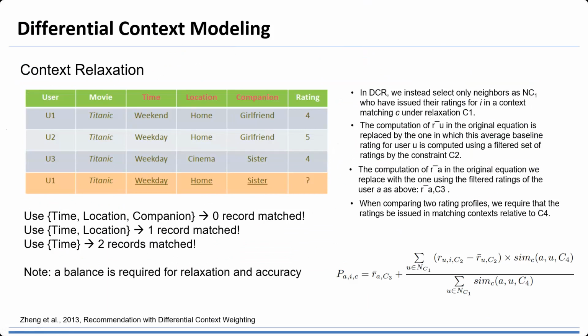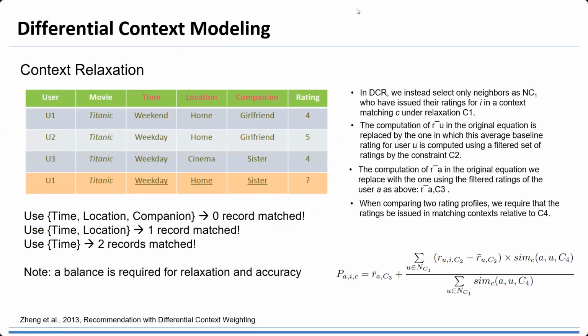So in this case, we are going to look at the relaxation. The first relaxation: if I use the time, location, and companion, there will be 0 records that match. There is no record that matches this one.